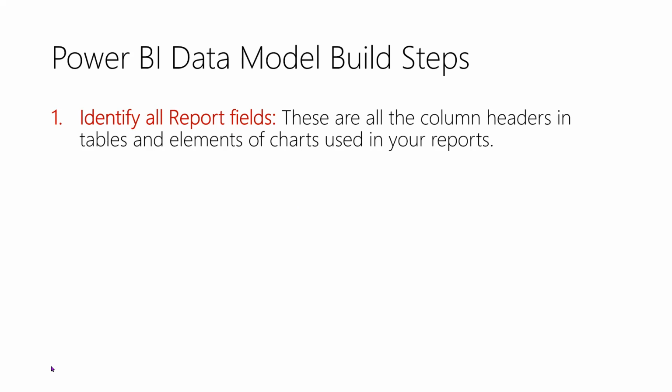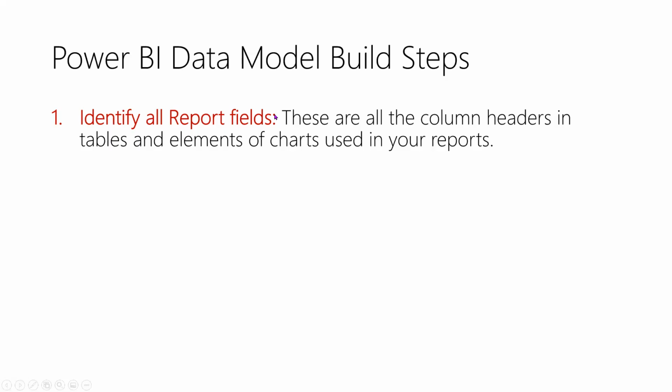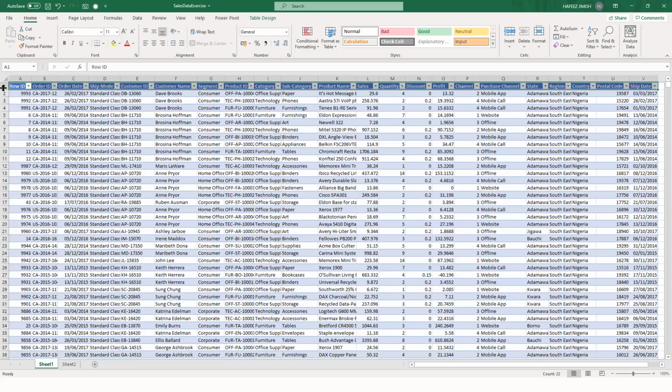So we come to our data now. We want to do step 1. Is that okay, guys? So I'm going to look at my data, guys. This is our data now. You can see now, what is the definition of report fields? All column headers in tables and elements of charts. So guys, I want us to write it down. In my own case, we are not doing it in Excel, guys.